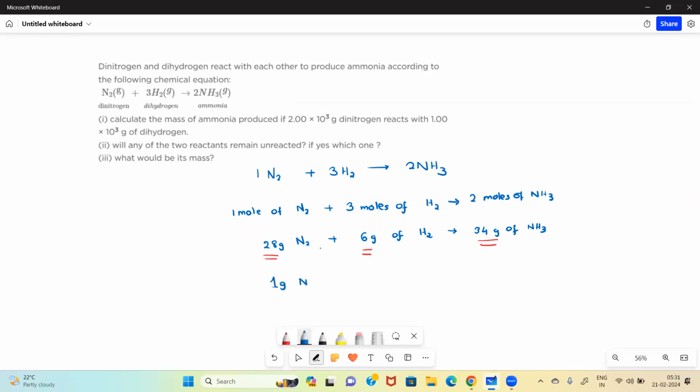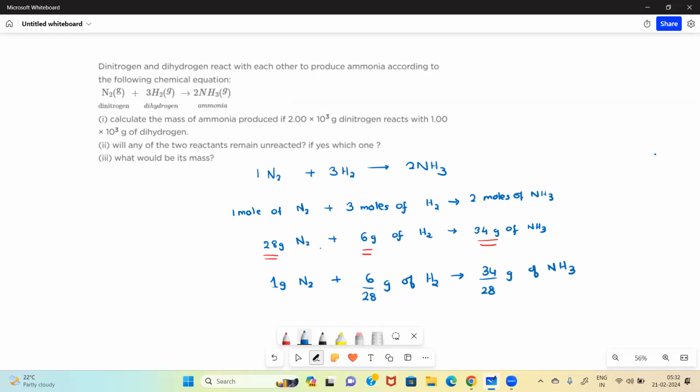So 1 gram of dinitrogen would combine with 6 upon 28 grams of dihydrogen to give 34 upon 28 grams of ammonia. Clear?